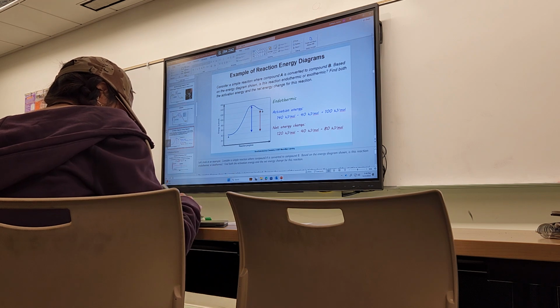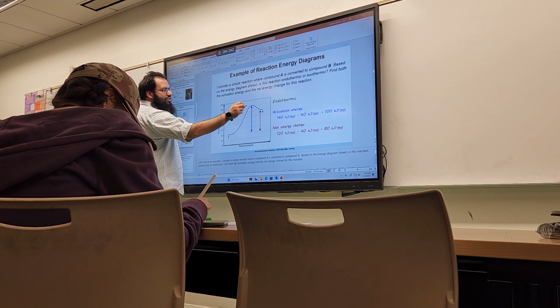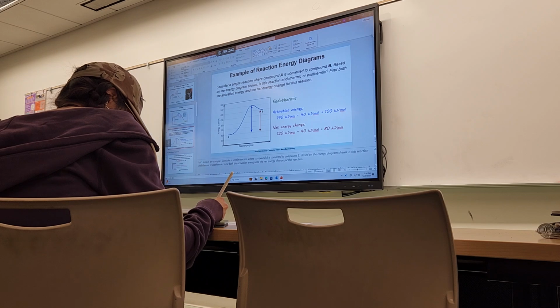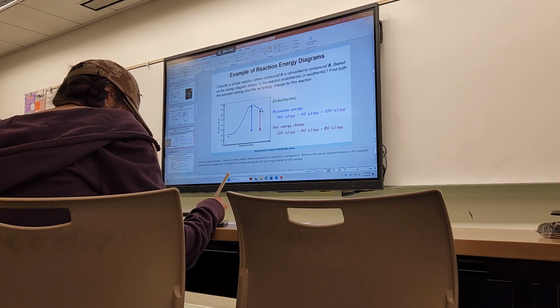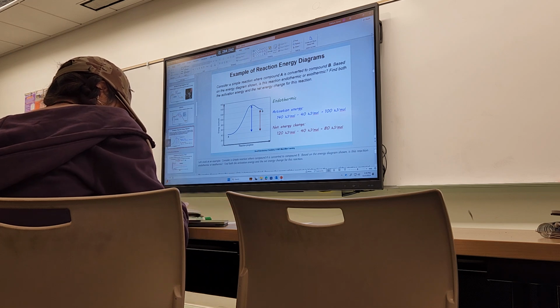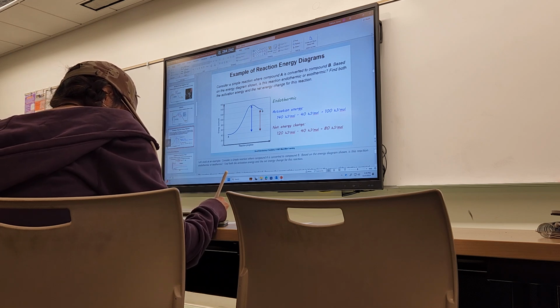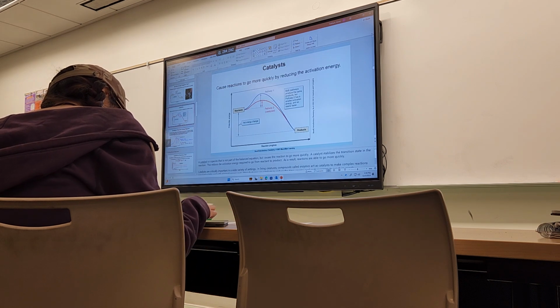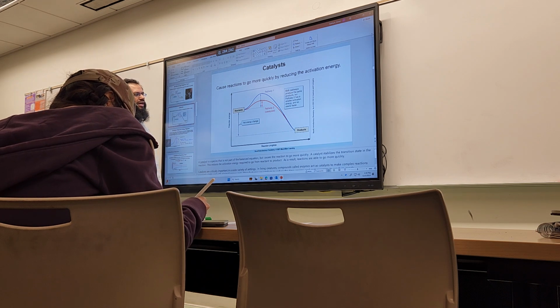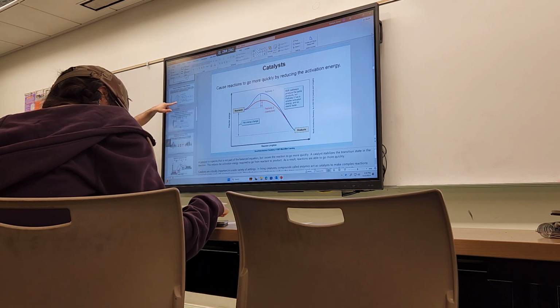And the difference between your reactants and the top of the peak is going to be your activation energy. Now in this case, it's an endothermic reaction, so the activation energy is really high. Whereas in this case, earlier, the activation energy is a bit smaller because your reactants are already starting off pretty high in the energy diagram.